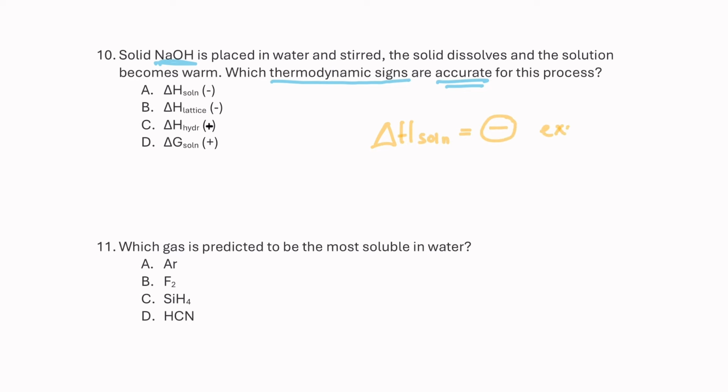The total pressure above the solution is going to equal the mole fraction of A times the pure vapor pressure of A, plus the mole fraction of B times the pure vapor pressure of B. So the equation is total pressure equals XA times PA naught plus XB times PB naught.